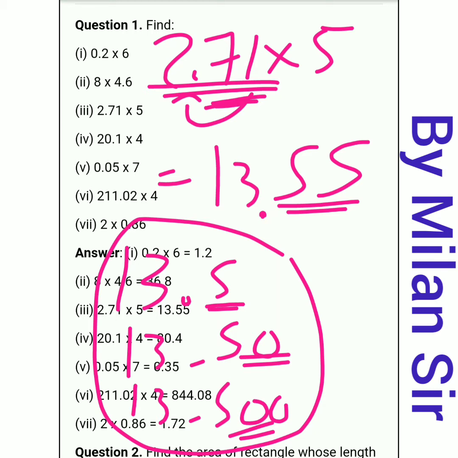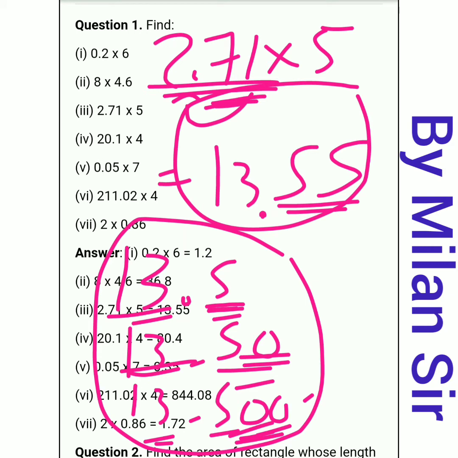After the decimal point we can put any number of zeros, but the value cannot change. So we read it like this: 13.5, 13.50, 13.500. Like this. So our answer is 13.55.